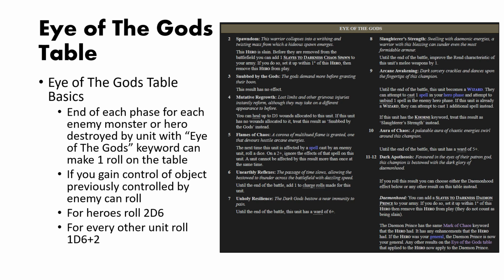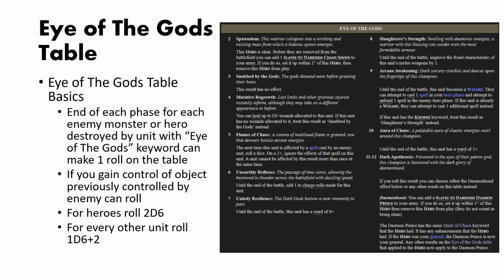4 is a simple heal. If you have no wounds, then nothing happens. 5 is a spell ward, which is very powerful. It's a 2-up. 6 is +1 to charge. And then 7, a ward of a 6-up. That's powerful. 8 is a +1 to rend.